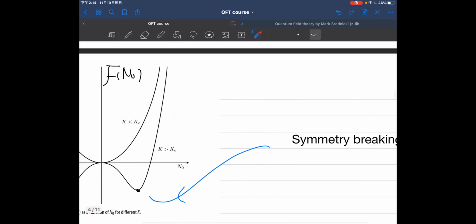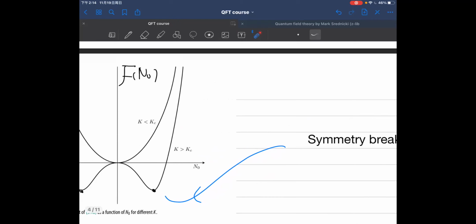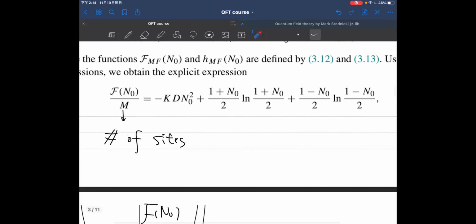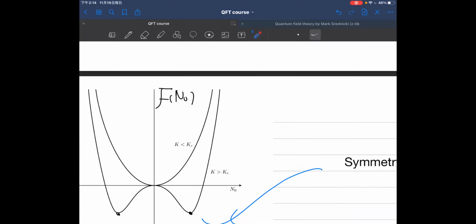Actually, there are two types of symmetry breaking. One is spontaneous symmetry breaking, and another is dynamical symmetry breaking. I think the difference between them is that for spontaneous symmetry breaking, we just take the field to be a constant, then plot the free energy, and we can see that there is a transition.